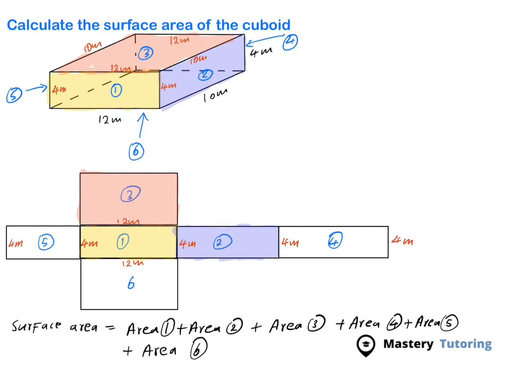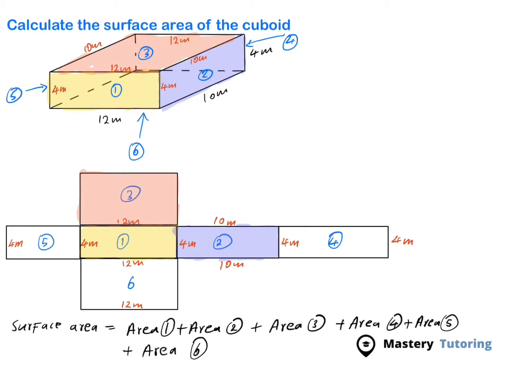Okay, and then, so looking at 2, this is 10 meters. So meaning that this is 10 meters. 10 meters, and if this is 10 meters, it means that the top part has to be 10 meters, because remember, the opposite sides are parallel and equal. Okay, and then moving on to 6, because this is 12, this has to be 12 as well, 12 meters.